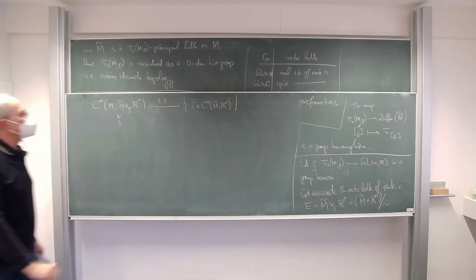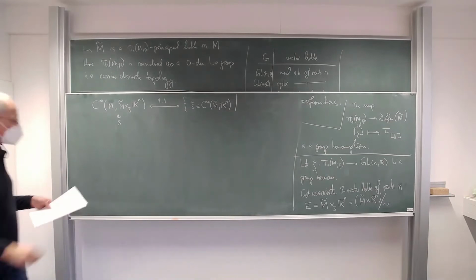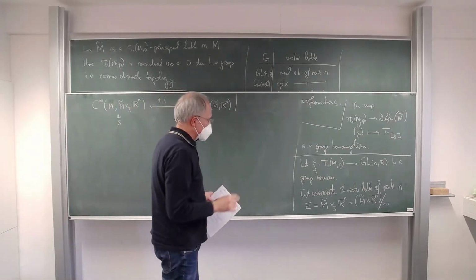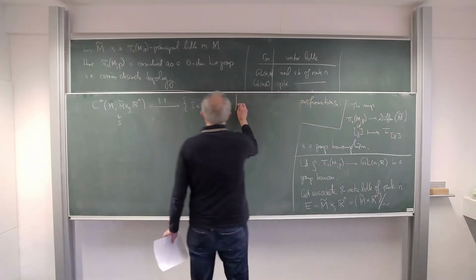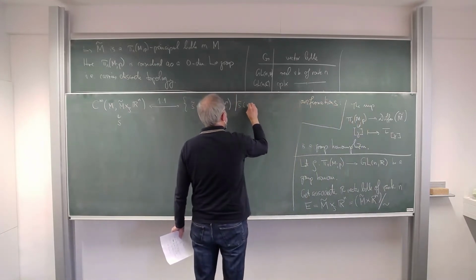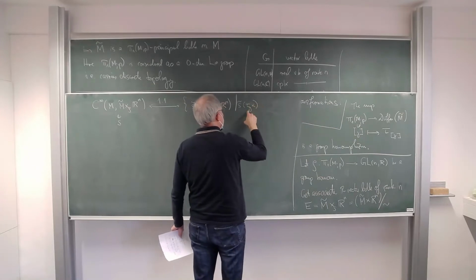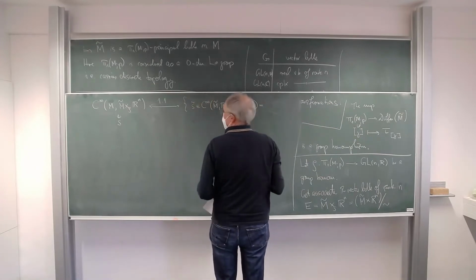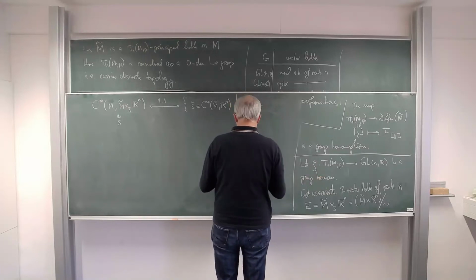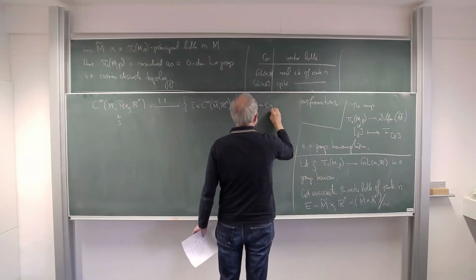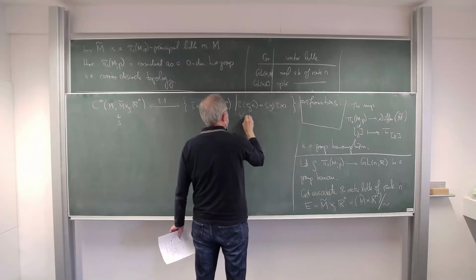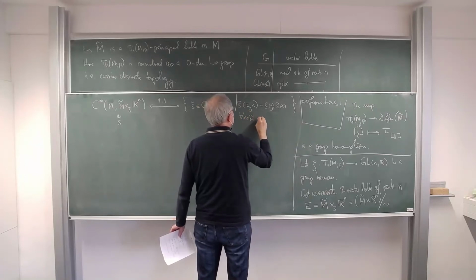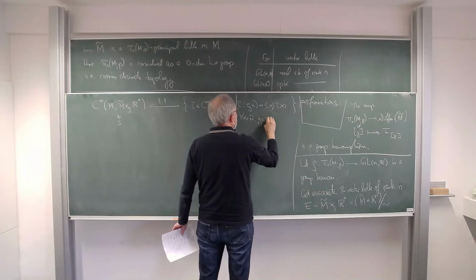It must satisfy a periodicity condition, and that's the one that essentially comes from this equivalence relation, namely S tilde of tau_g applied to x, the deck transformation applied to x, must be consistent with this equivalence relation, namely it's rho(g) of S tilde of x. So this must hold for all x in M tilde and g in the fundamental group.